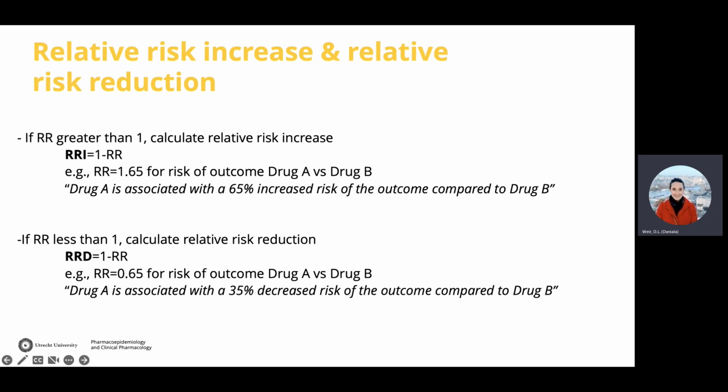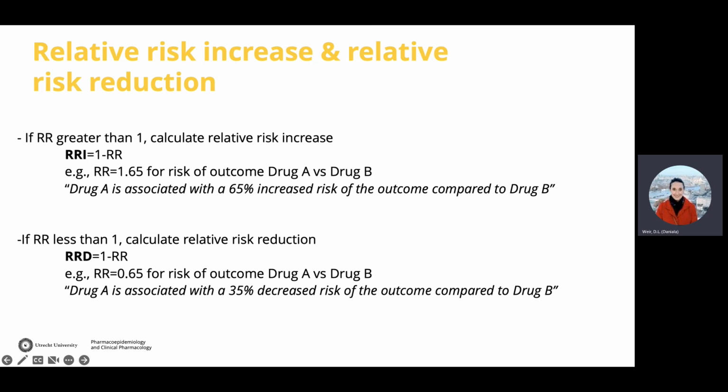For example, if we have a risk ratio of 1.65 for the risk of the outcome among those taking drug A compared to drug B, again, intervention group, control group, we would interpret this risk ratio of 1.65 as meaning that drug A is associated with a 65% increased risk of the outcome compared to drug B. So that's how I would interpret a risk ratio of 1.65.